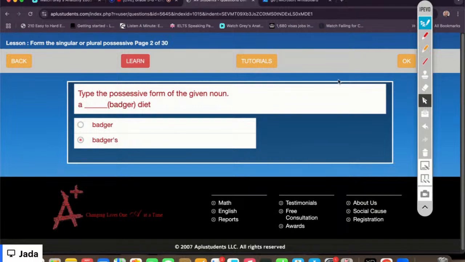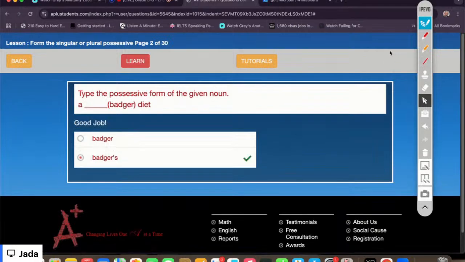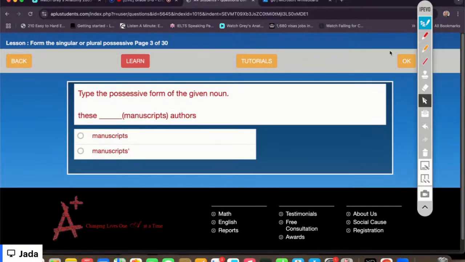So the badger's diet, first or the second. All right, so we have the second, which is singular possessive. So these manuscripts authors.